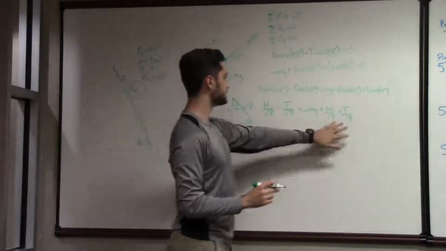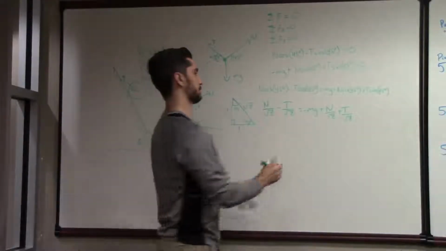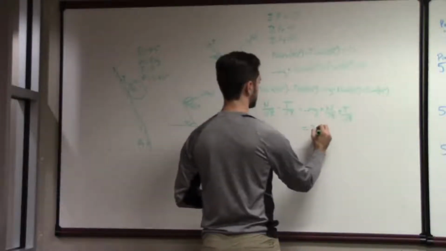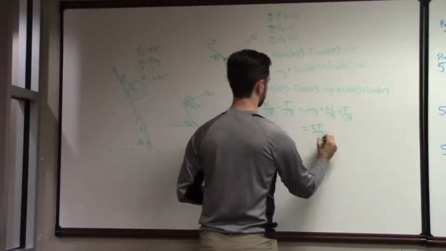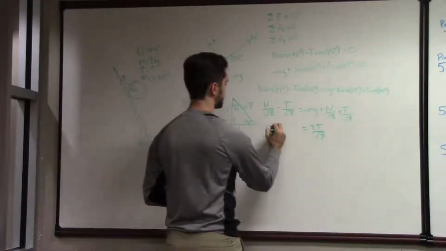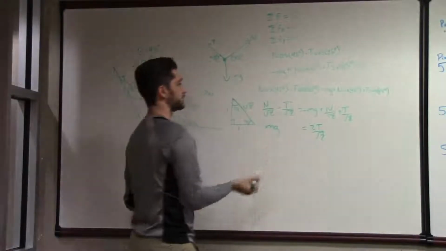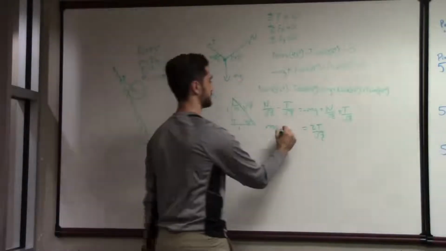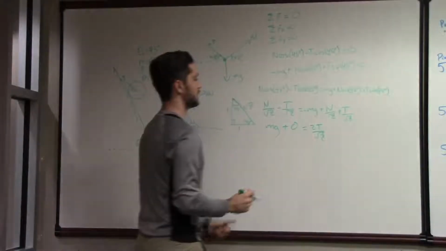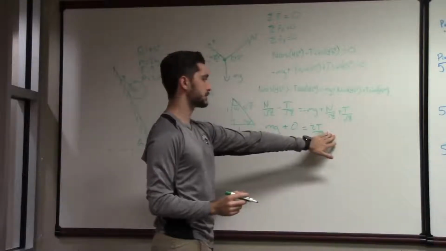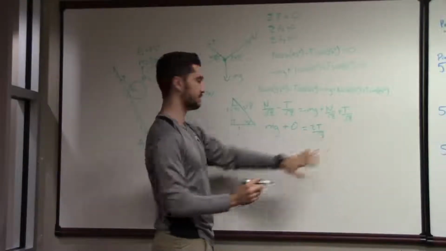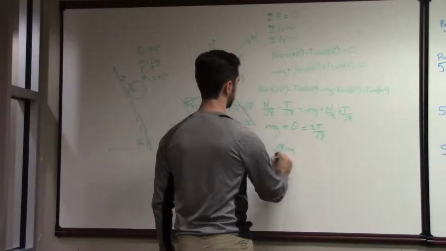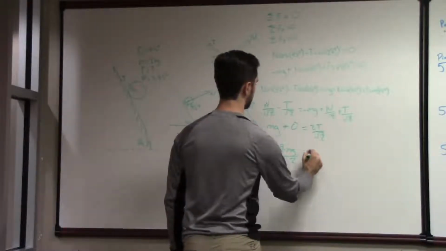So I will add T here and then move the rest of this over here. So if I add T over the square root of 2, I'll get 2T over square root of 2. Now if I add mg over here, I just get mg. If I subtract N over square root of 2, this is positive N over square root of 2, so that becomes 0. So this is just plus 0. And now what I want to do is multiply by square root of 2 and divide by 2 to get T by itself. So this will be root 2 mg over 2 equals T.